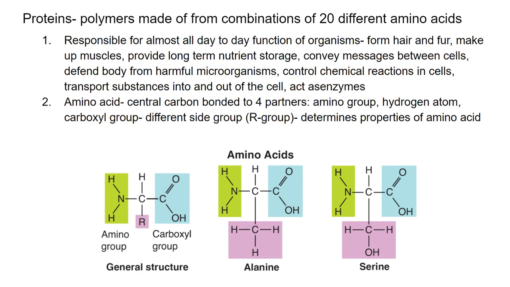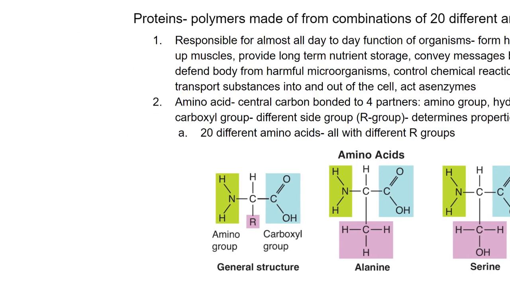So you can see these two, I just have two up there, alanine and serine, both exactly the same up top, but then they get a little bit different down here at the bottom. That's the R group. There's 20 different of these molecules that we put together to make proteins. These 20 different amino acids can combine in thousands and thousands of different ways to make thousands and thousands of different proteins.